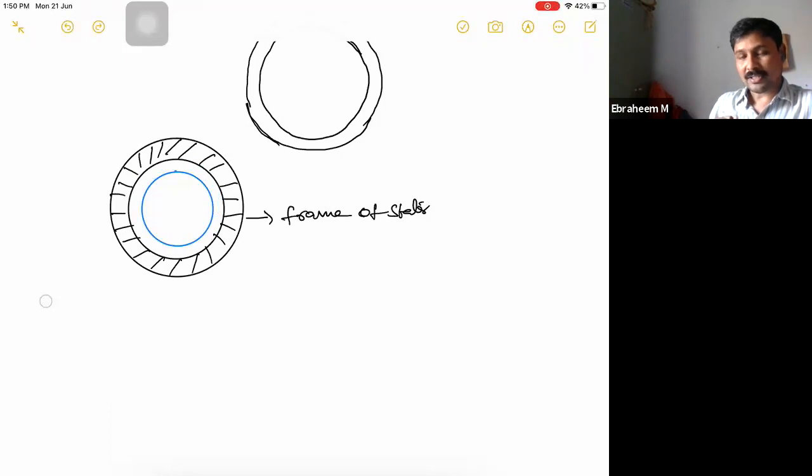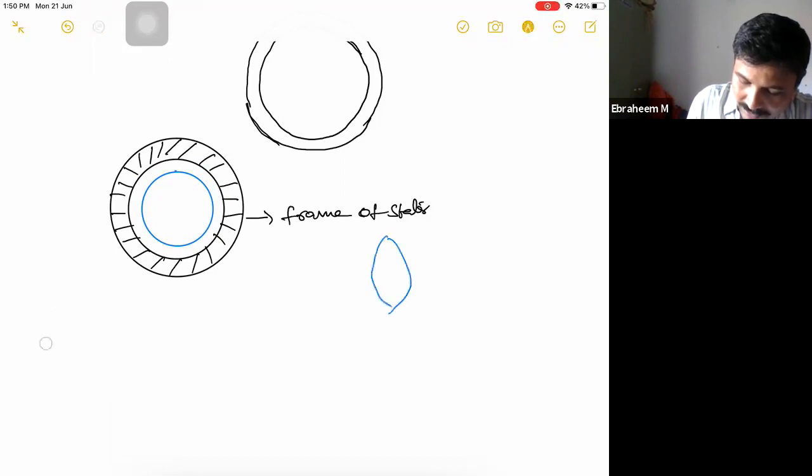This is the stator frame, a cylindrical one only. If I draw an ellipse, it will become a perfect ellipse. Very good.